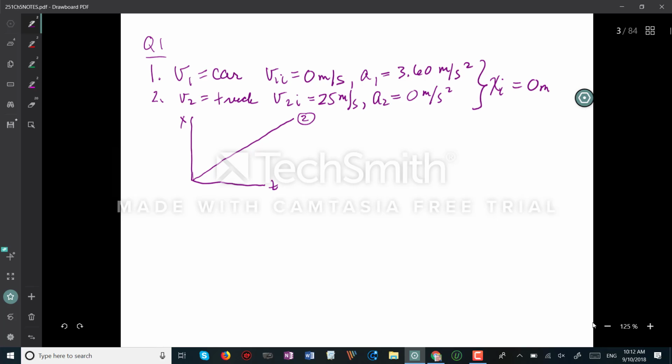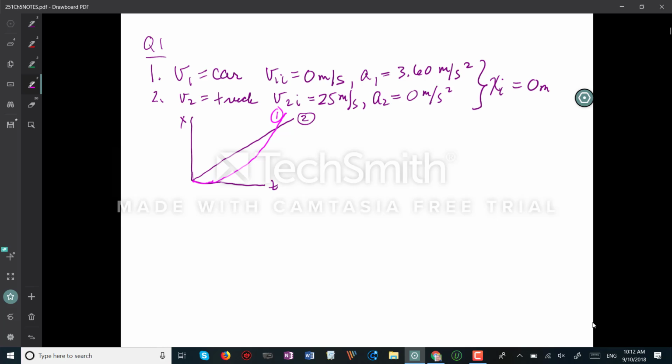What else is 0? On the position graph, what else will be 0? The slope, because it's at rest, yeah? So I'd expect to see something like that, maybe with a little bit of motion off the graph, but you know, I'm just not known for my artistic skills. There you go.